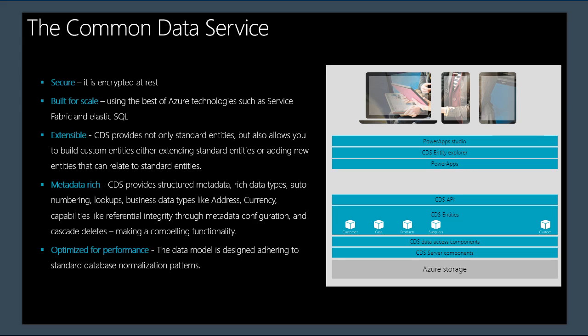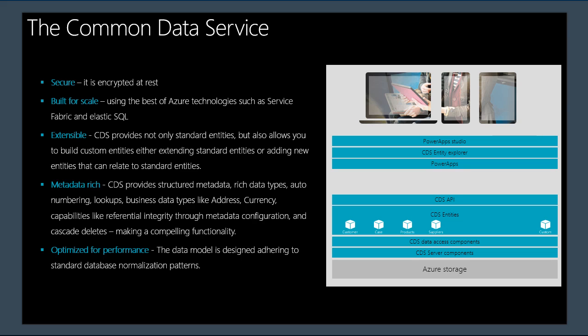It's extensible. It's metadata rich, so that we will continue to add more and more features to our metadata. We currently have complex types, currency, referential integrity, and we have association relationships. We'll continue to add more things like header line relationships and those sorts of things.